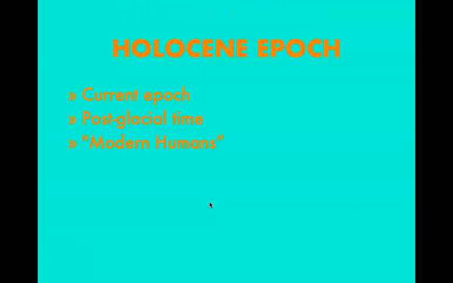We're currently in the Holocene epoch. Okay, post-glacial, and this is when truly modern humans came about. We're not going to get into the anthropology of this aspect. If you dig that kind of stuff, MV offers anthropology, talks about humans over time.